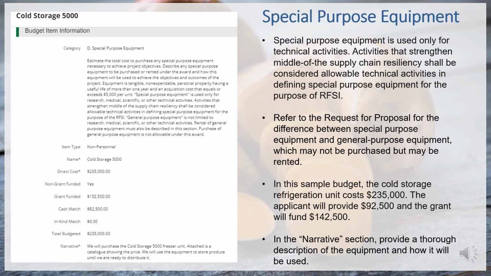Note that the applicant is uploading a catalog to document the price of the requested equipment. For equipment-only grants, remember that only one piece of special purpose equipment, along with any related accessories, tax, delivery fees, etc., may be requested.